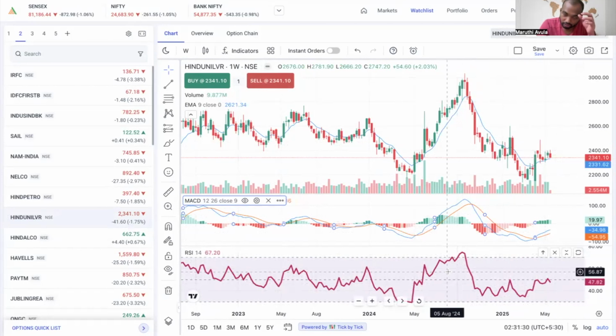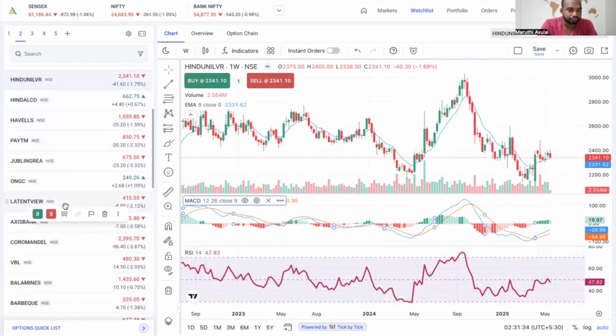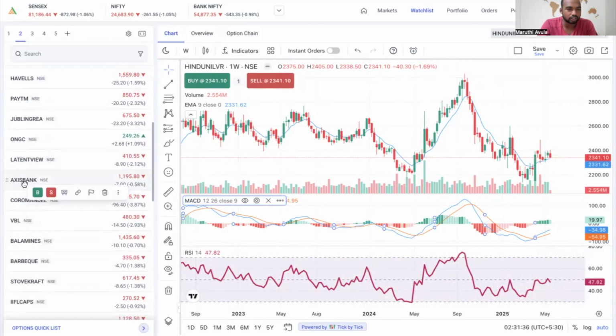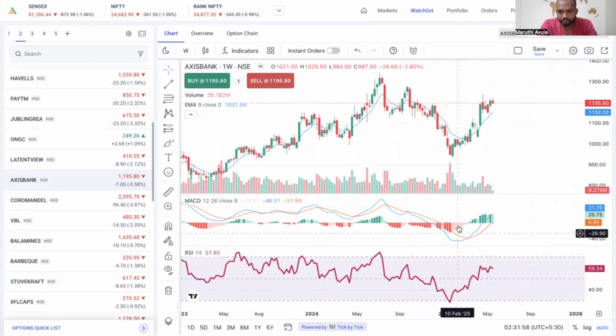If you want to see another stock, I will show you another good stock, Axis Bank. Axis Bank also you can see. Here, in a continuous fall, it touches 30, meaning before 30, at 27 it reaches, so it is at the lowest level.